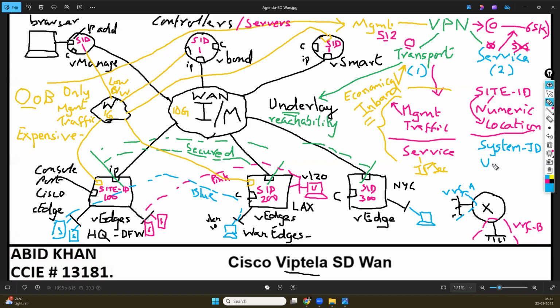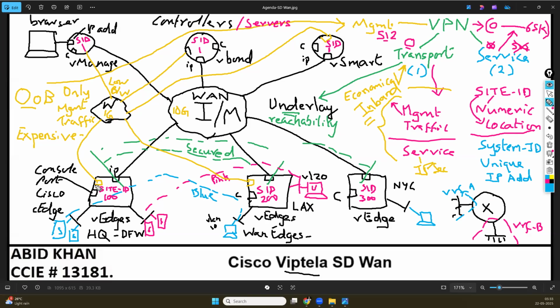System ID has to be unique, and it will be nothing but an IP address, same as router ID. So here also system ID in Cisco Viptela SD-WAN will be an IP address ultimately, and it will be unique. No two devices must have the same system ID. Why is it called a system ID? Because collectively, these controllers and these WAN edges, each and every component, is known as a system.